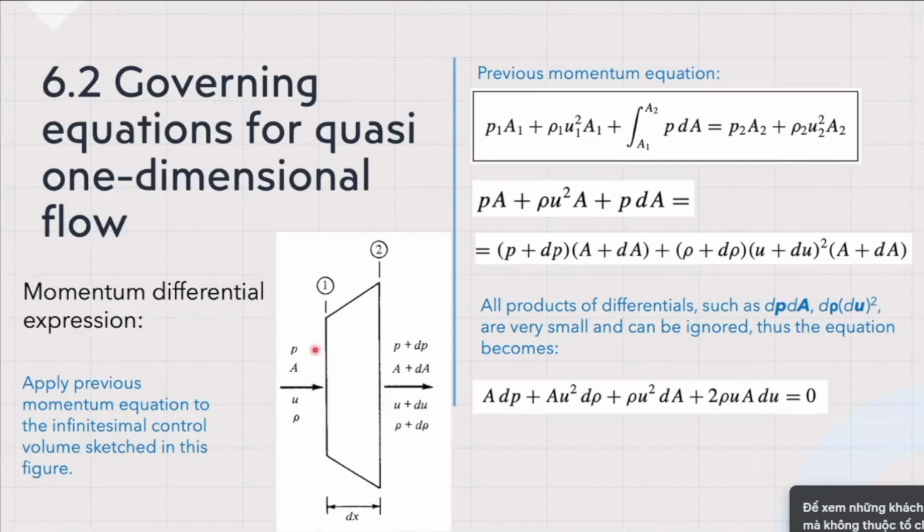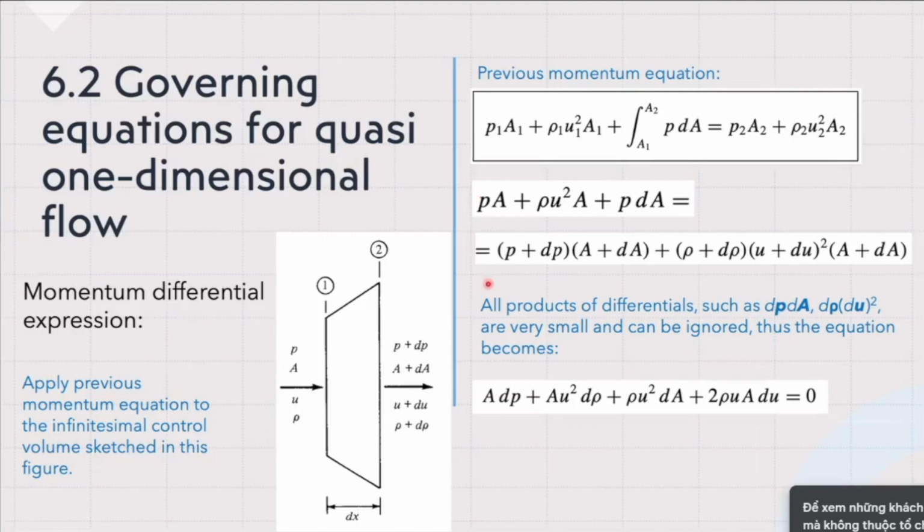So basically, the properties at station 1, and with plus for station 2, we have properties like pressure plus a small change in pressure, area plus a small change in area. So in respect to the x direction, right? So we know from our previous momentum equation, this is the expression. So we then conduct the momentum differential expression.